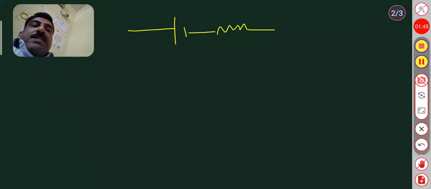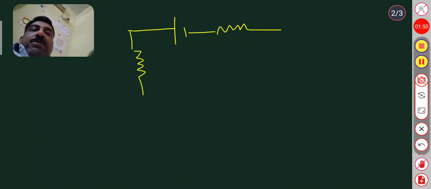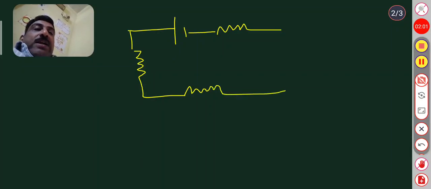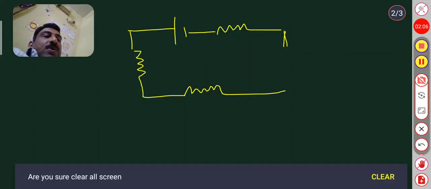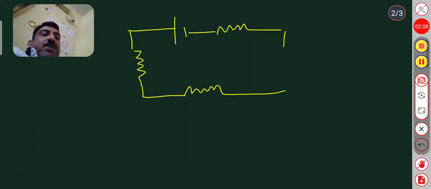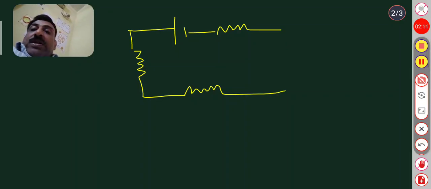So I'm going to redraw this. When I redraw this, how will the circuit be? This is your circuit, and here it has an internal resistance. Here again you have another resistance, and here again one more resistance, and here you have another battery, and that battery is E3.